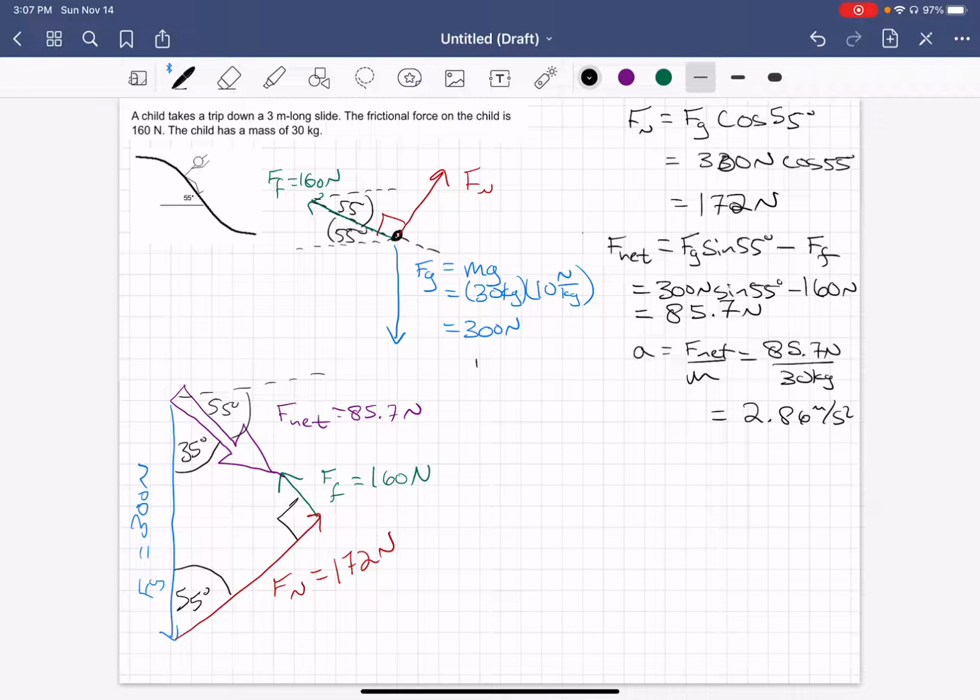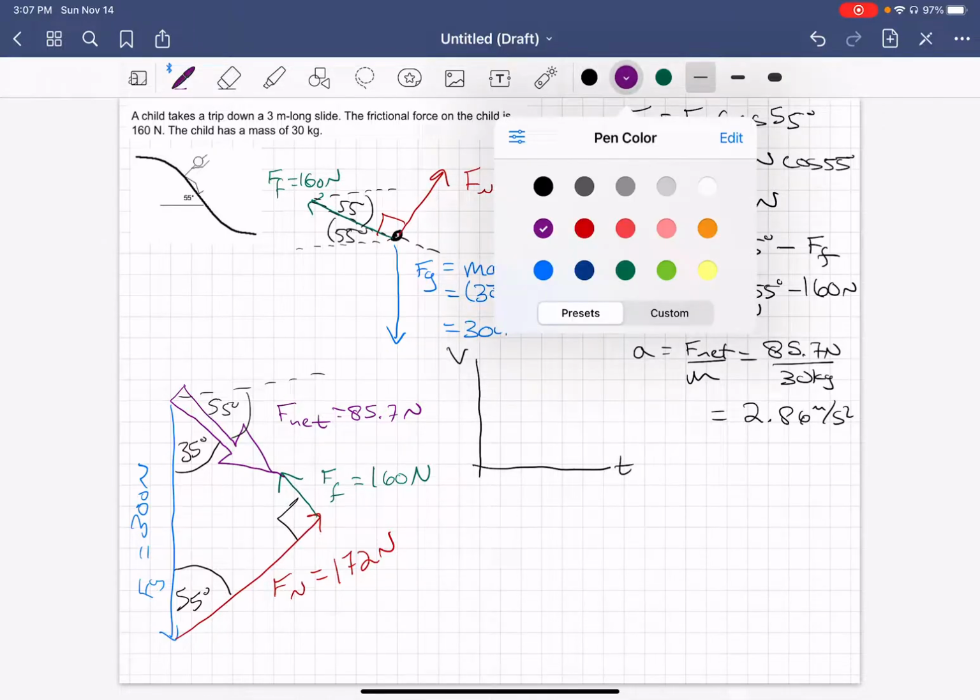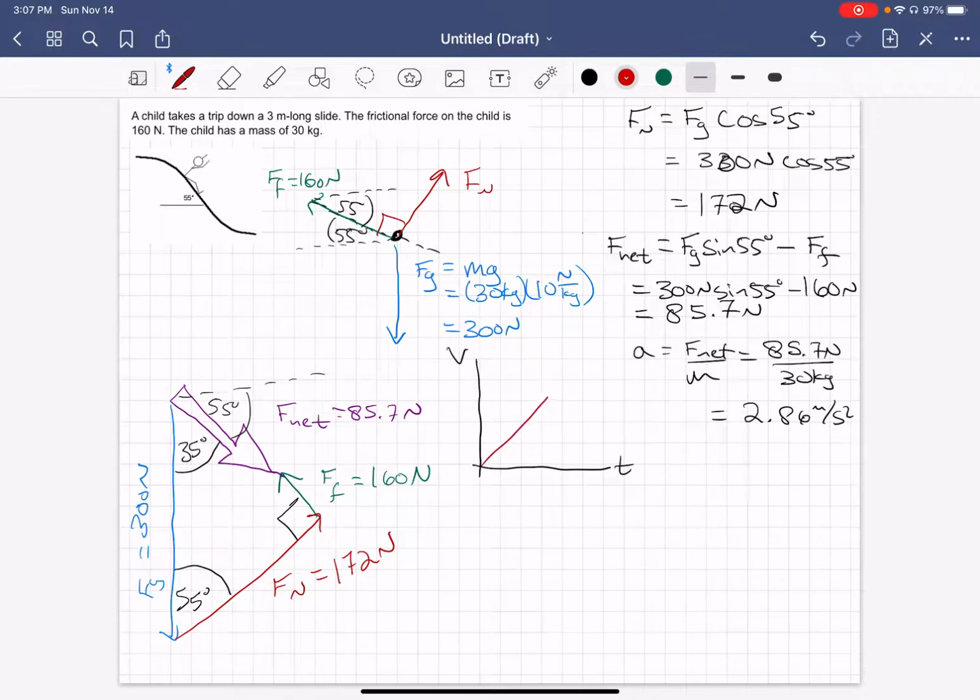Now in this particular problem, we happen to know how long this slide is. So I'm going to go ahead and figure out how long it will take the child to get down this slide. So if I do a quick velocity versus time graph, I know this graph must have a slope of 2.86 meters per second squared.